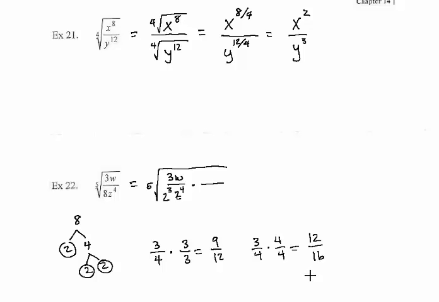We haven't changed the number, we've just changed the denominator that it's based on. Alright, that is how we're going to fix this situation in example 22. We want all of the exponents to match the root number. That's our best situation that we can get when we're dealing with radicals.